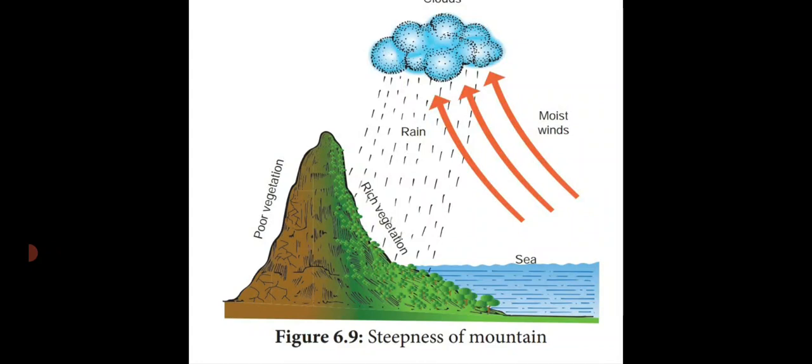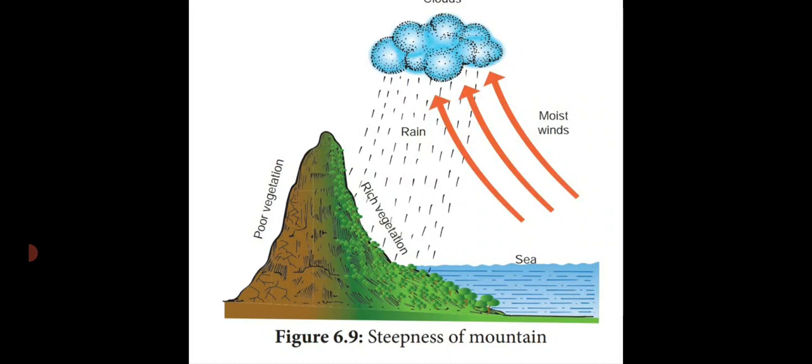But on the other side, there is no retention of water in the soil due to steepness. The right side looks like a sloping region. But in the left side, it looks like ups and downs, isn't it? So that's why it is unable to retain water in the soil. So that side is showing the poor vegetation. That is said to be the steepness of the mountain.